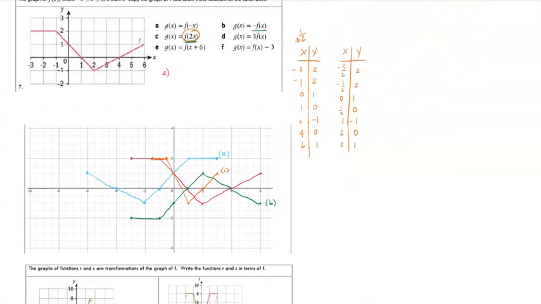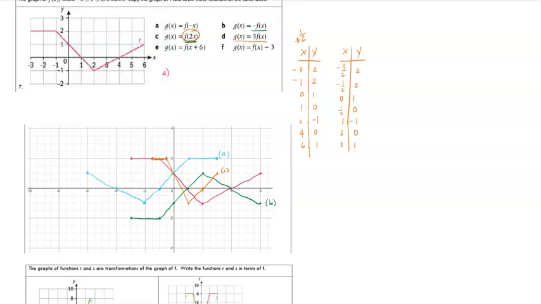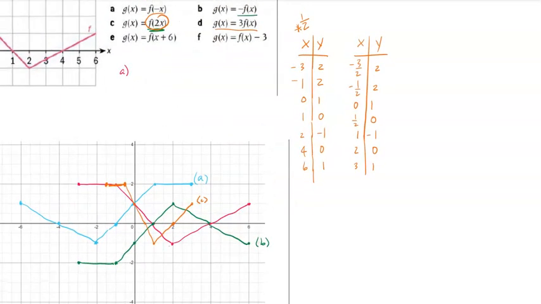Okay, now for D, let's go ahead and pick another color. What other color? Purple. Okay, purple. Now I'm going to take all the points and multiply that y value by 3.